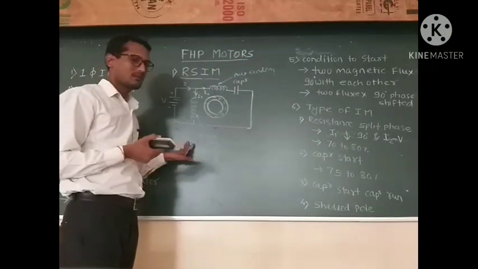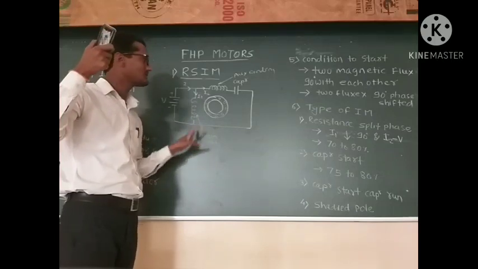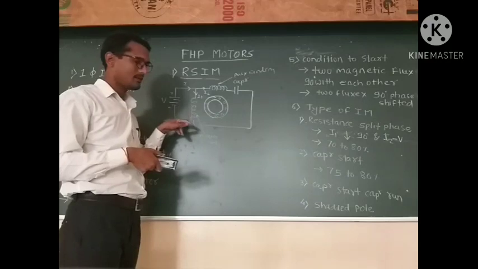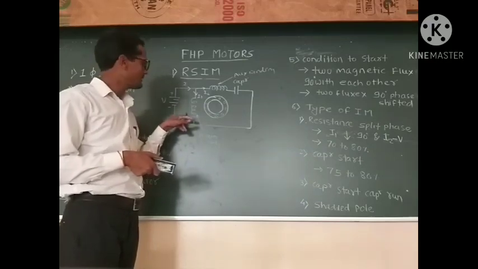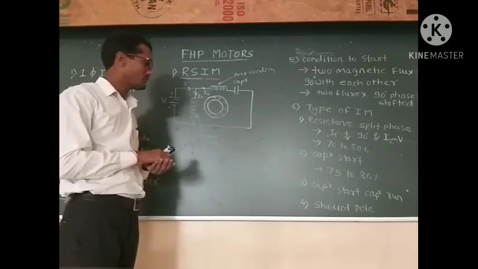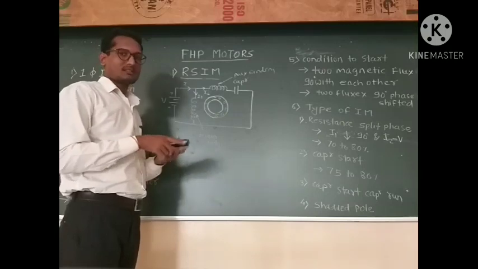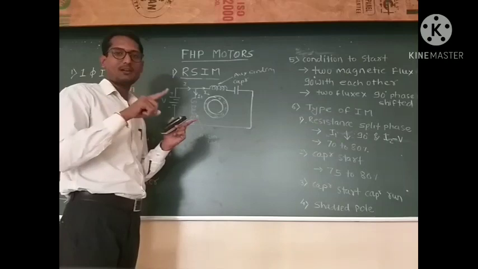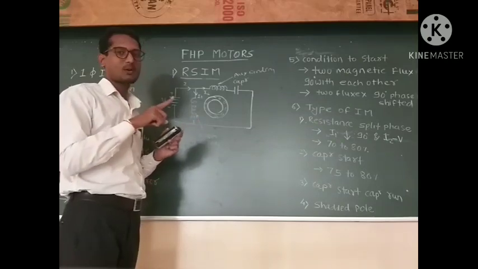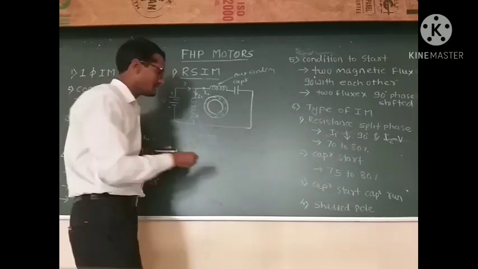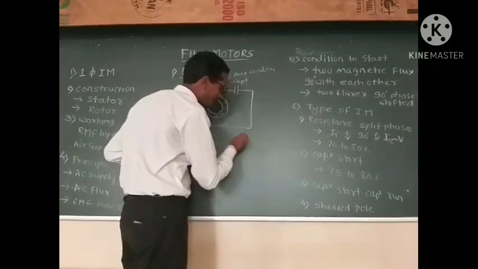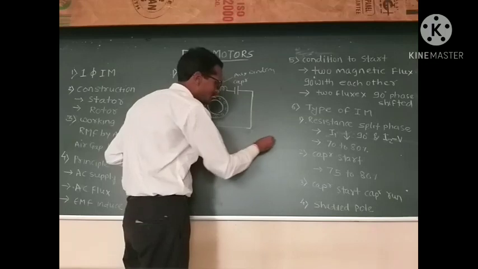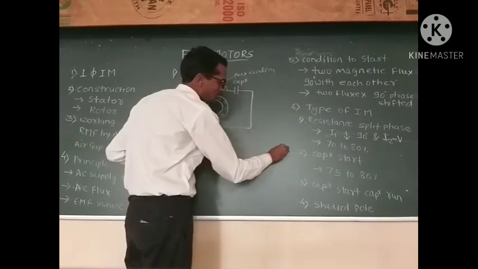That means the lagging current is produced in the main winding and the leading current is produced in the auxiliary winding. Because of that, a large angle is created between the two fluxes, flux phi 1 and phi 2, and the resultant of the two fluxes phi 1 and phi 2 produces the torque.